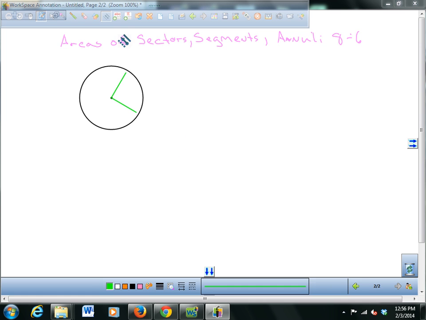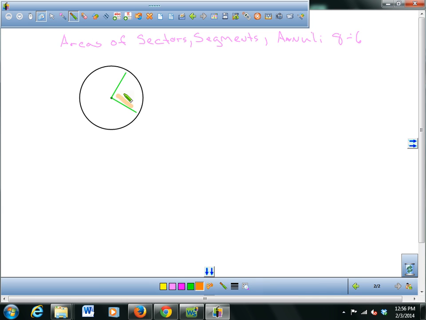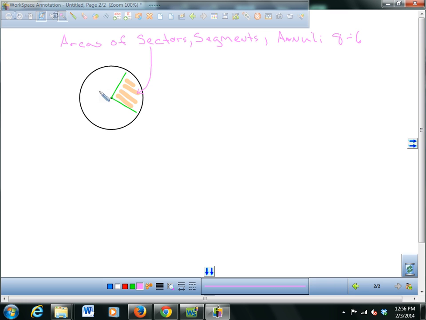So, a sector is a piece of the circle. So if I were to shade in this piece right there, that thing is called a sector, and there's a formula for finding the area of it. I'll just give you the formula.